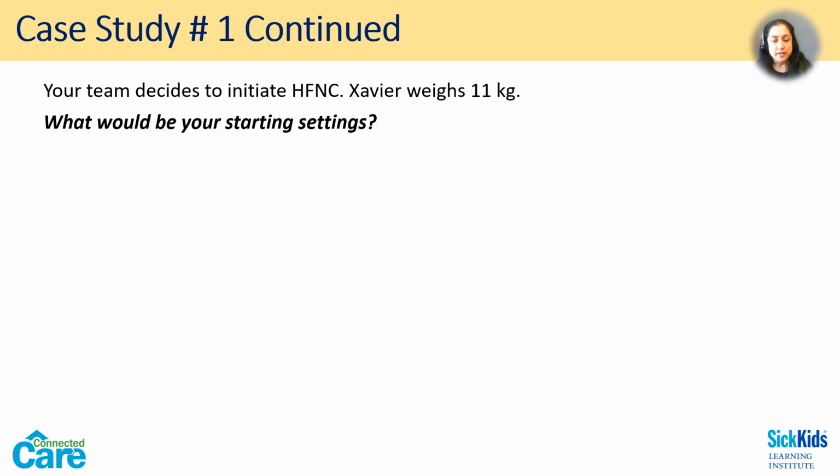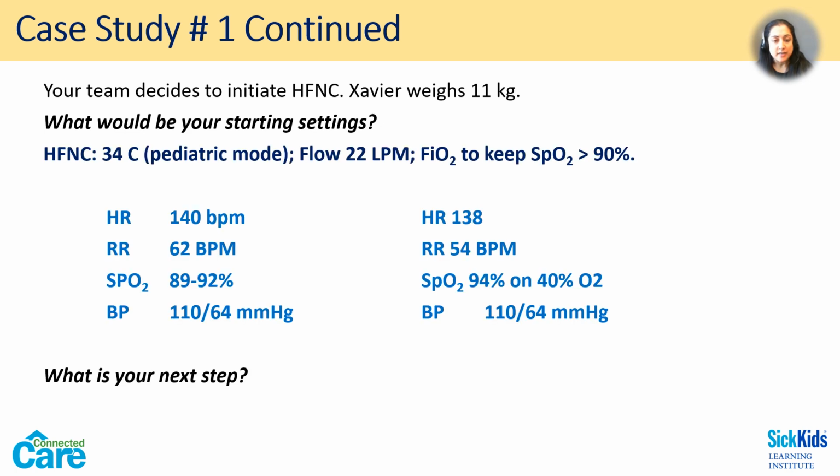So you want to start at 2 per kilo. The high-flow nasal cannula can be set at 34 degrees for temperature in the pediatric mode. The flow is set at 22 liters per minute because he weighs 11 kilos. And the FiO2 is set to keep sats greater than 90%. So the left column changes to the right column after initiation.